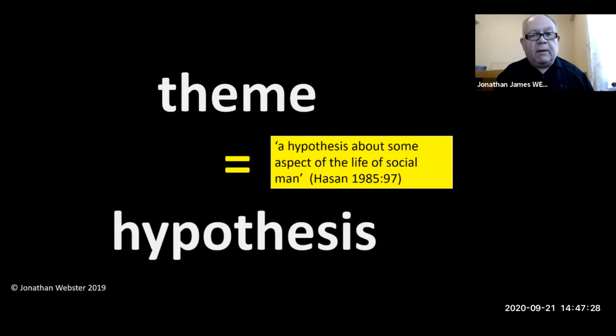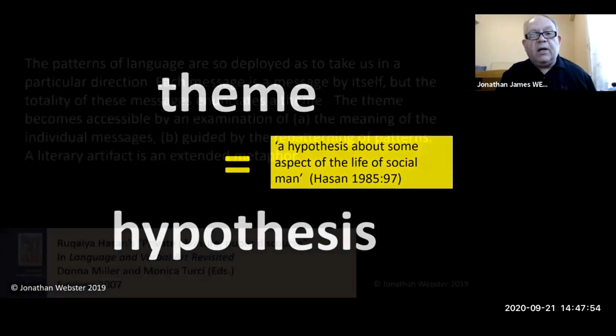You begin with a hypothesis and need to prove that hypothesis. And what your hypothesis is as the analyst, as the linguist, is to say, what was the hypothesis being put forward by that poet, that dramatist, that novelist? What was their meaning? There is a meaning, and I am trying to identify that meaning through their use of language.